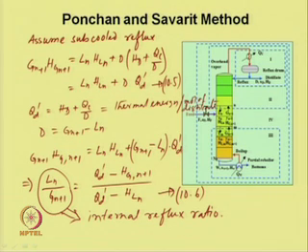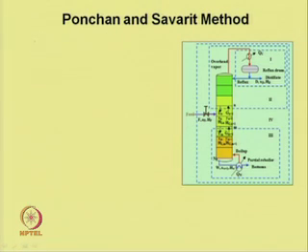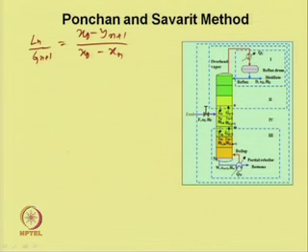Now, from equations 10.5 and 10.3, we can write L_n by G_(n+1) is equal to (x_d minus y_(n+1)) by (x_d minus x_n).